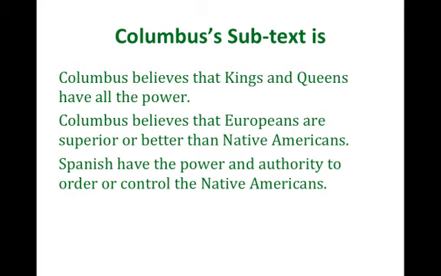At this point, what I'd like you to do is to take a look at the text and see if you can look for other textual evidence that would support any one of these three claims, and highlight it and then tell why it supports one of these claims.